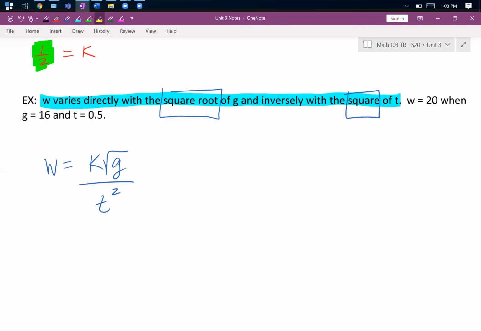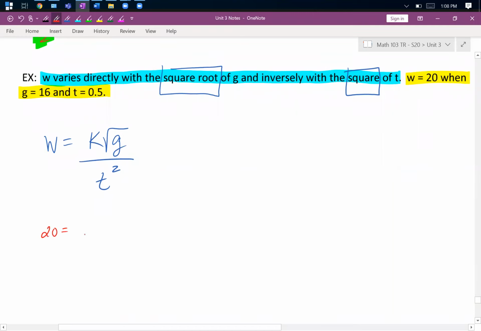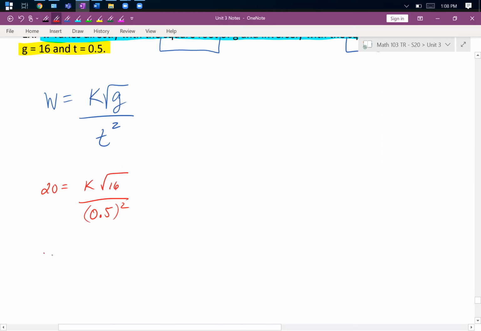All right, well then now we're ready to plug these numbers in and solve for K. 20 equals K times the square root of 16 over 0.5 squared. It's 20 equals 4K divided by half and a half is a fourth.